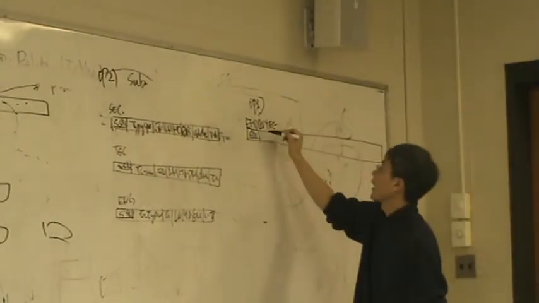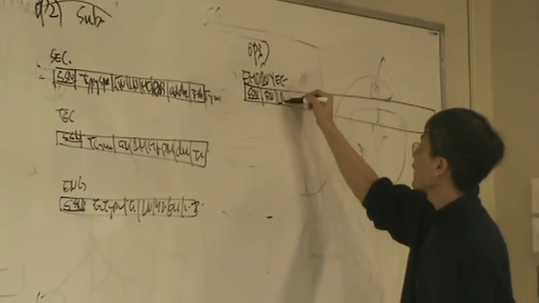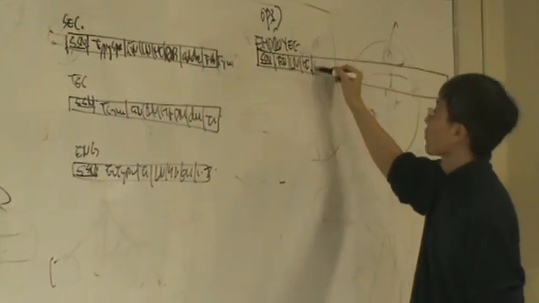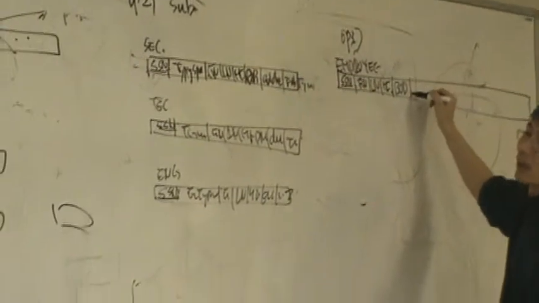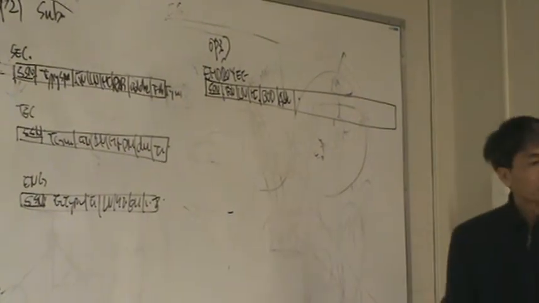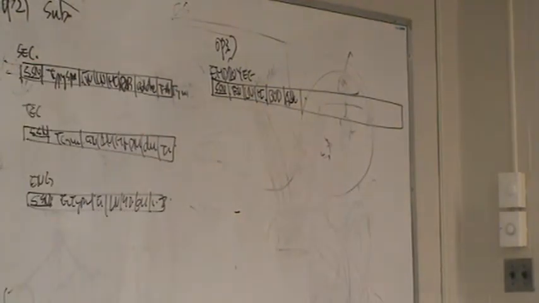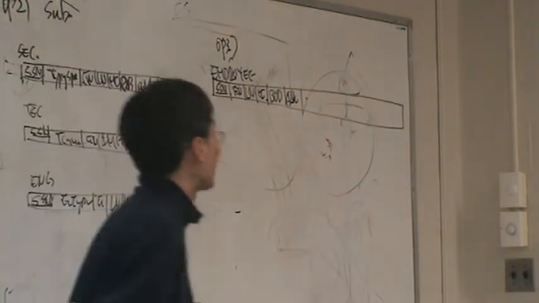What is the primary key? Social security number. And the first name, last name, middle name initial, birth date, and address. The next is we need to include secretary, technician, engineers.